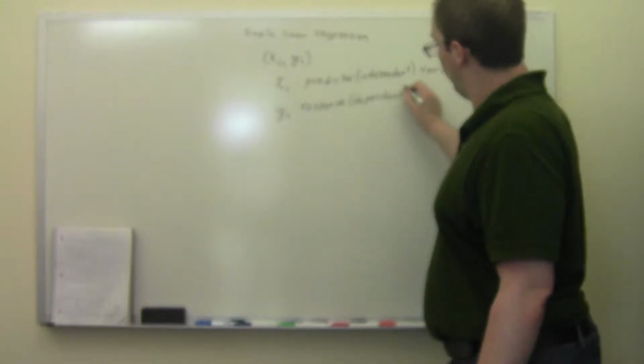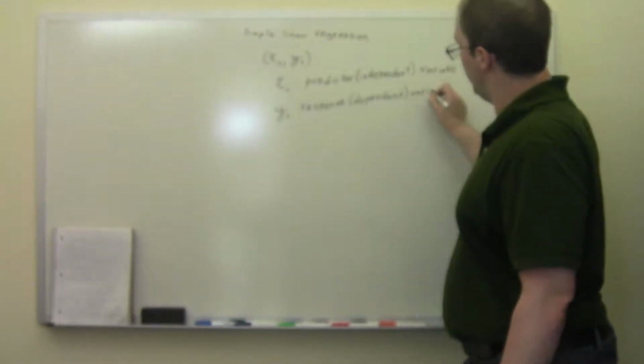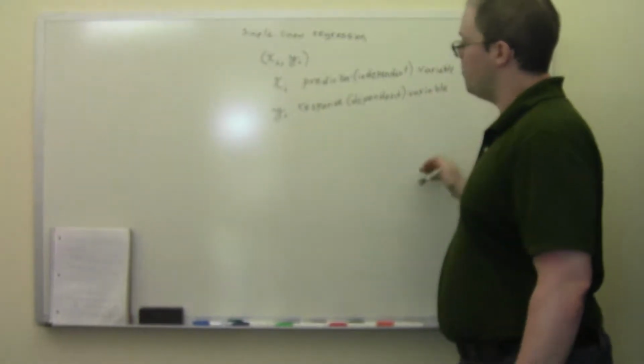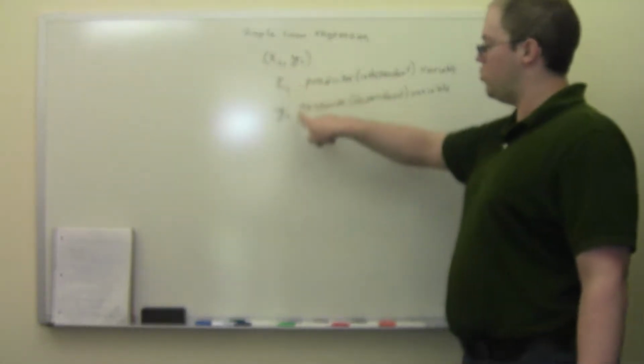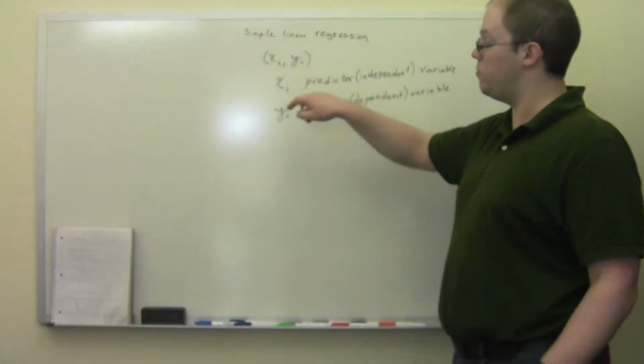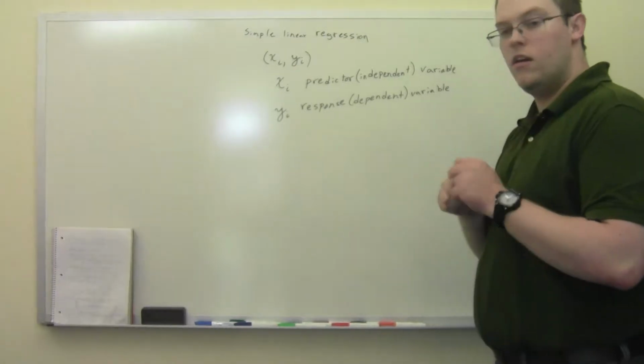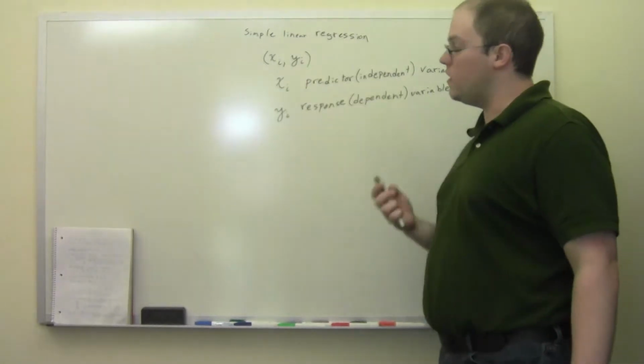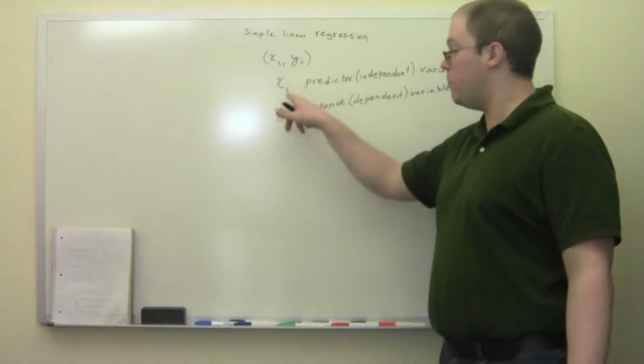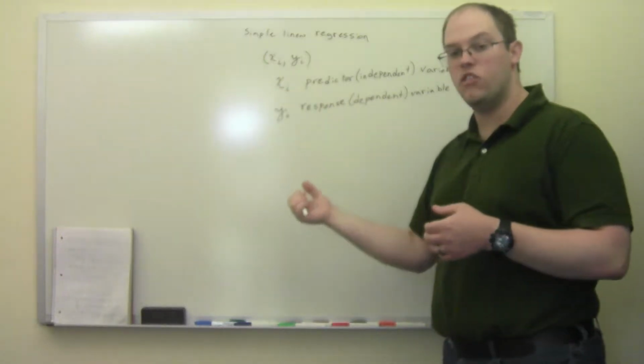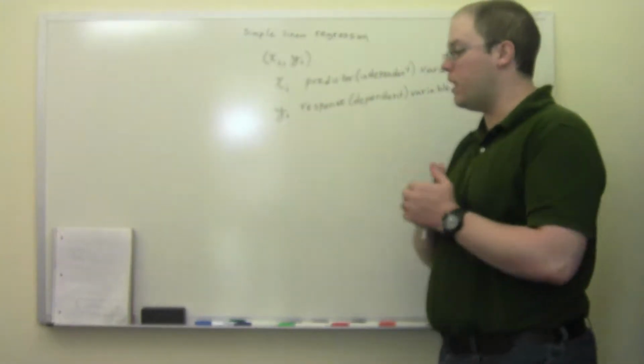So what we're interested in doing is taking my data set with all of these predictor variables, all of these response variables, and saying, what is the relationship between these two? As my predictor xi changes, what happens to my response yi?